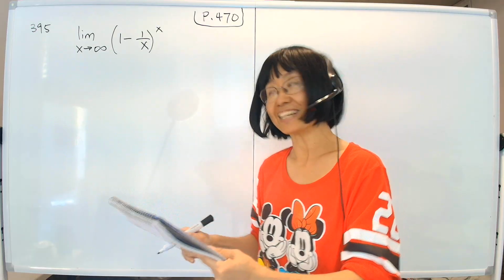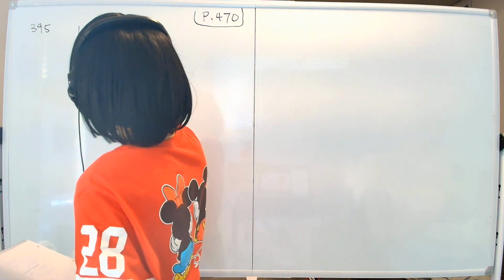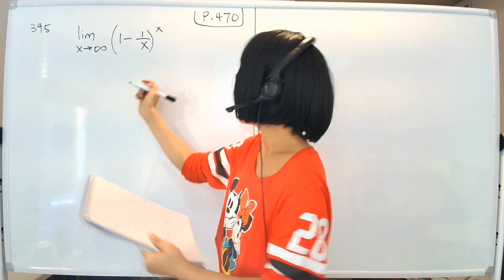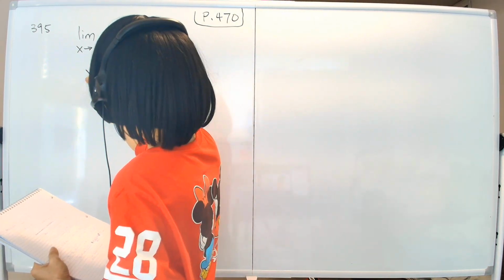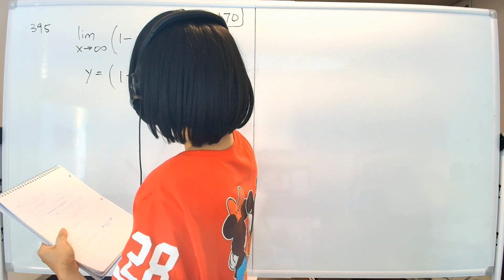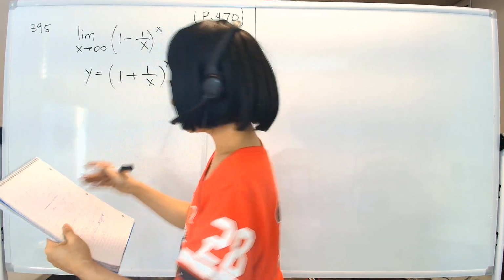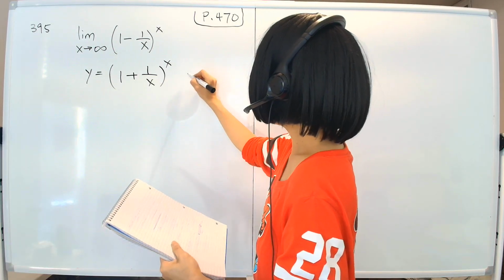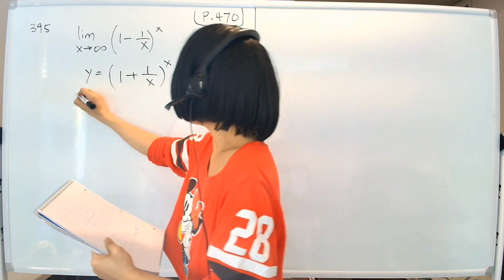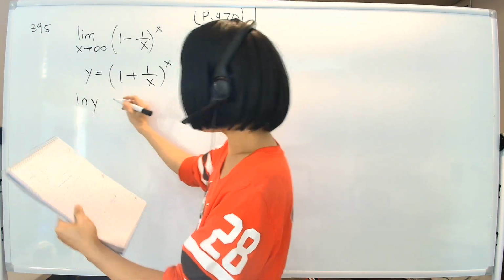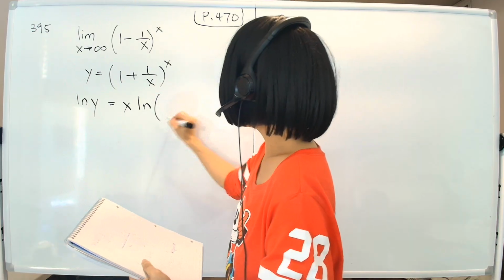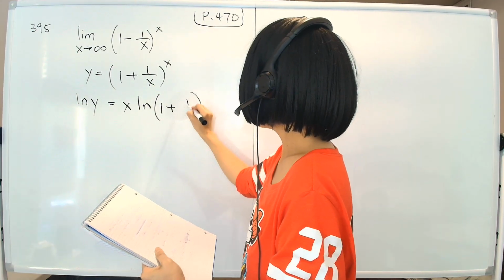So the trick is, whenever you have a function to the power of some kind of x, let's use this trick. y equals the function itself, and then we'll take the natural log of y. So ln of y equals x natural log of 1 minus 1 over x.